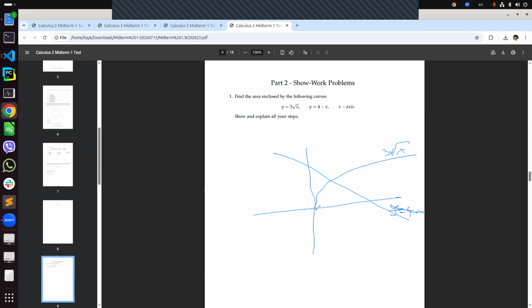And we have the x-axis, the x-axis is here. So our question is to calculate the area of this region.